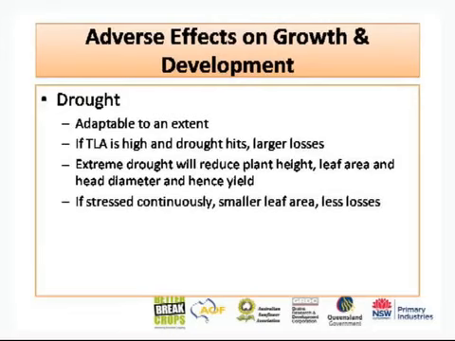So if the crop is droughted from early on, it'll reduce all of its growth characteristics. So the crop will be shorter, the leaves will be smaller, and it'll have that time to actually adjust by dropping off seed number and other things. If the drought occurs later in the season, when that plant is already set up with a large biomass, then yield is going to be the biggest factor that's going to be affected because the plant doesn't have as much room to actually compensate by reducing the other growth.